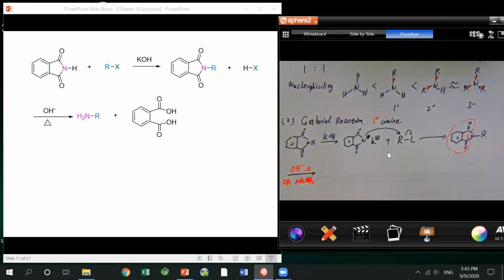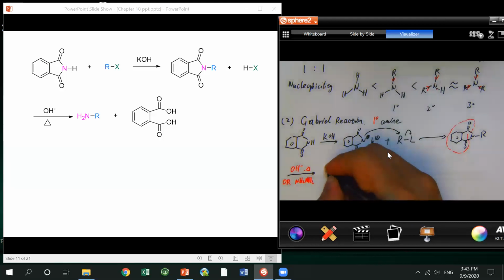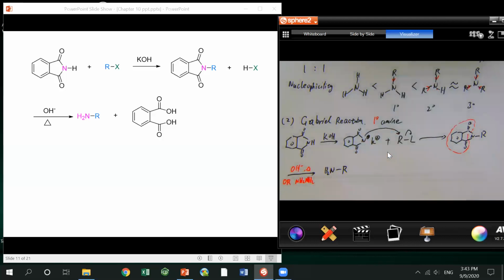Either one is fine, and it gives you back your nitrogen and your primary amine.